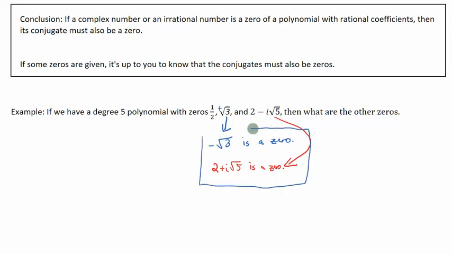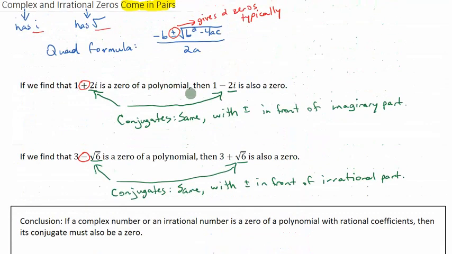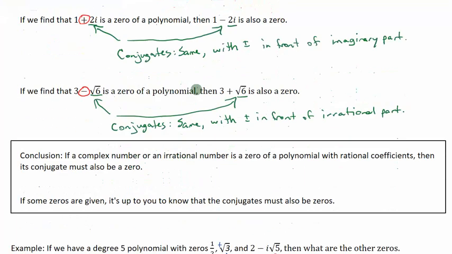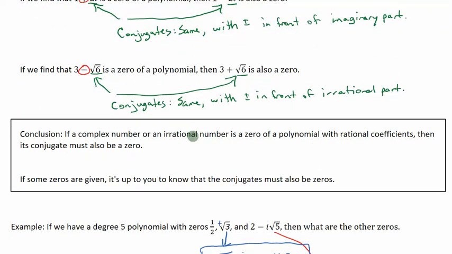Now you could do a lot of different things with this information. I'm not going to go into that because I don't know what types of problems you're trying to solve. This could help you with graphing, it could help you with factoring a polynomial because zeros give you factors, etc., etc. But I just want to give you one example where this concept is applied. Okay, so complex and irrational zeros come in pairs.